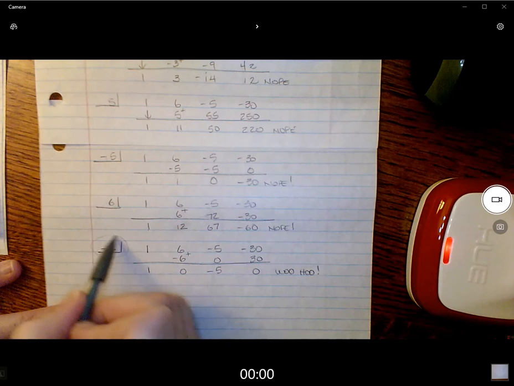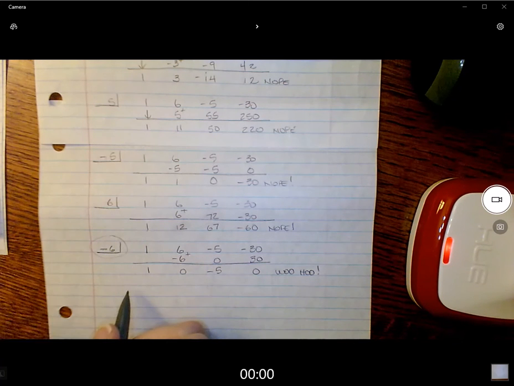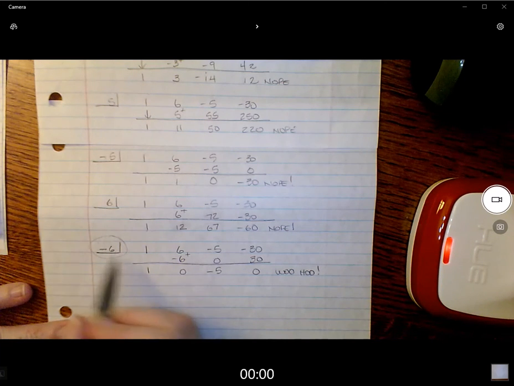We know that our first coefficient, according to, what is this theorem we're talking about here? The rational root theorem, is that we've got an x. One factor is an x minus negative 6.